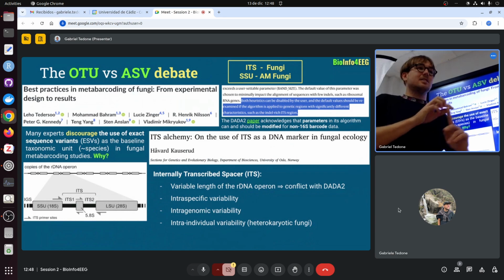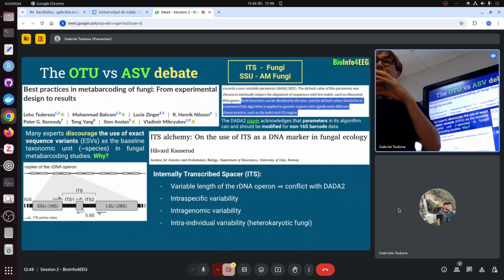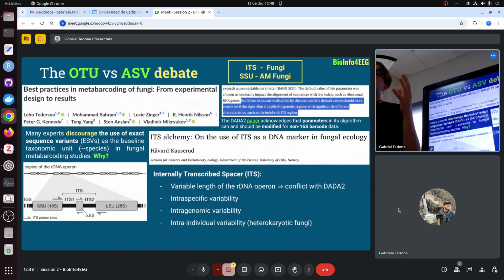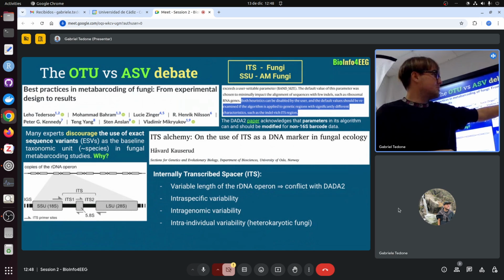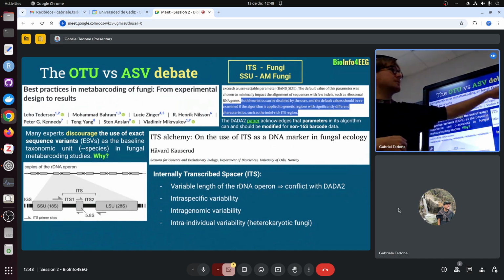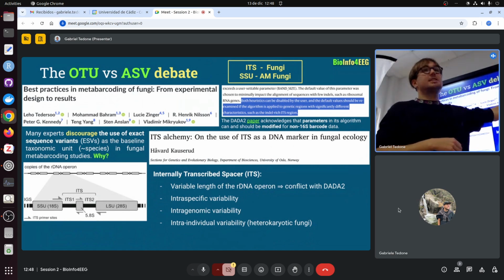They reject the use of ASVs as the basic taxonomic unit for your study, because they say ASVs do not approach the species concept in fungi. The original DADA2 paper acknowledges that if we use DADA2 on fungi, some values of the algorithm should be changed because it was developed for 16S.